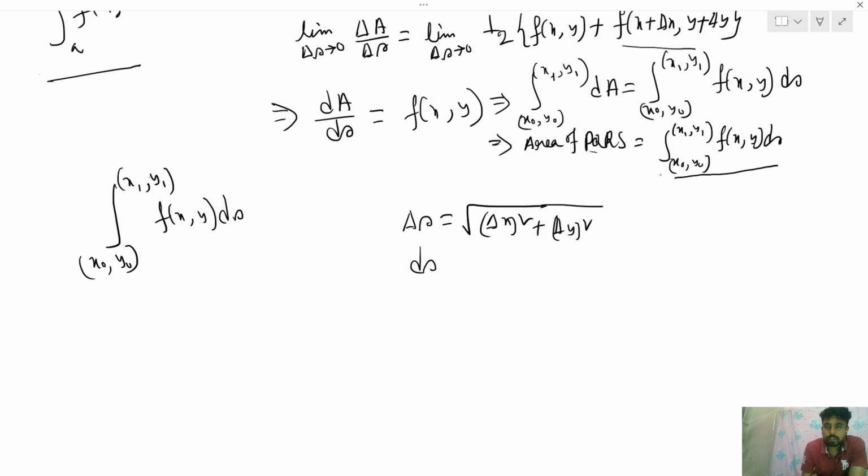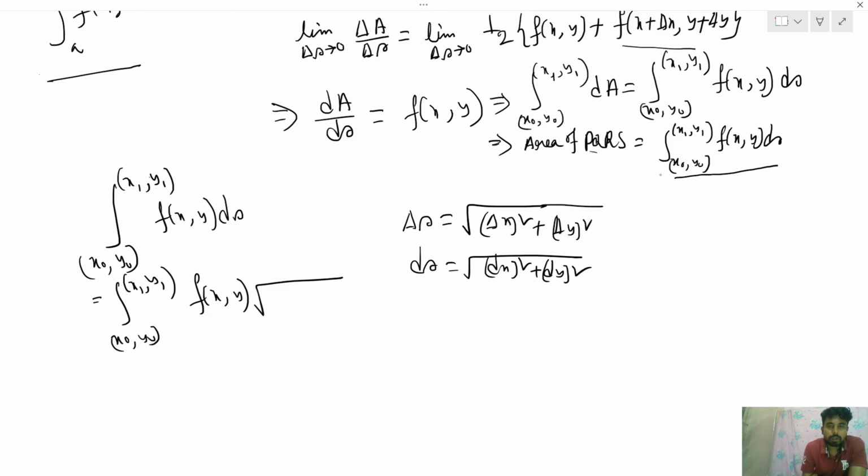So we write ds will be root over dx squared plus dy squared. So write here the integral from x0, y0 to x1, y1, f of x comma y root over dx squared plus dy squared.